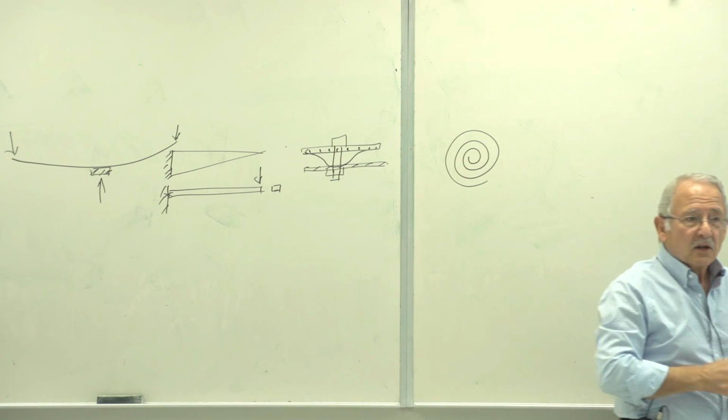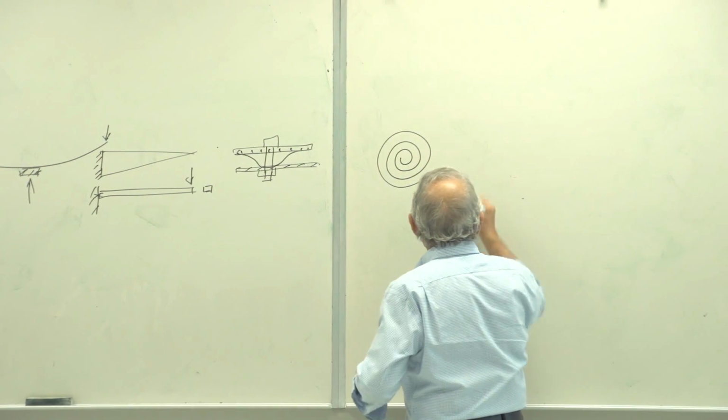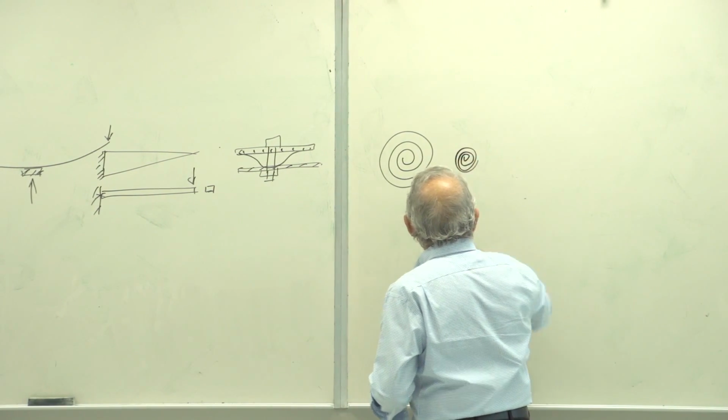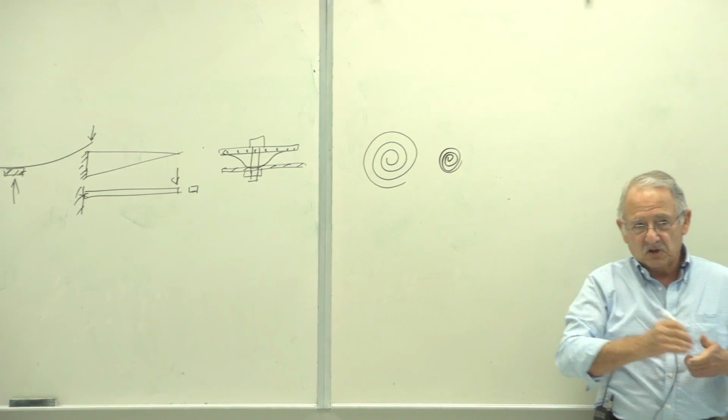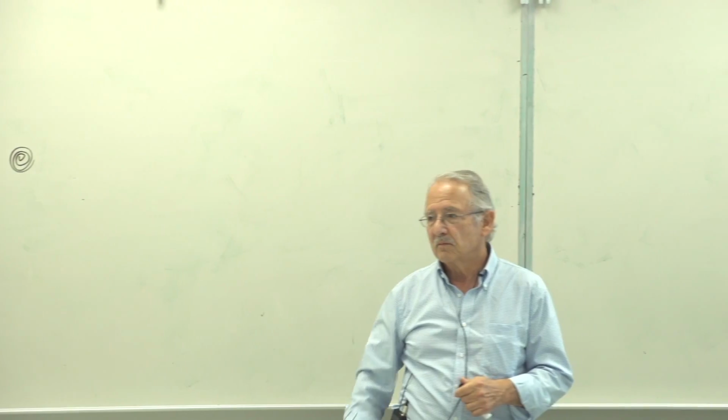So when you wind the spring, you wind this and you sort of make it shut like that. And of course, it needs to open up. As it opens up, it moves the dials.